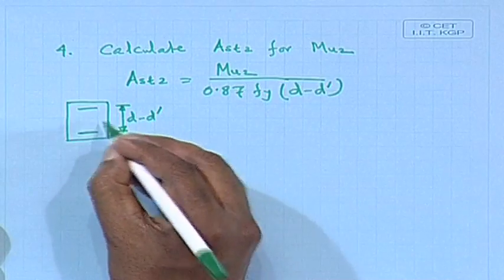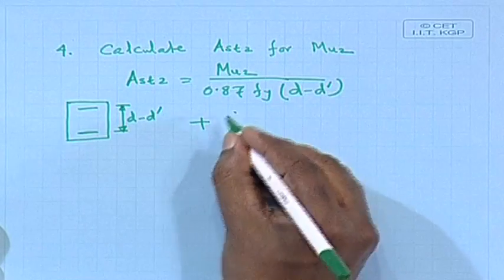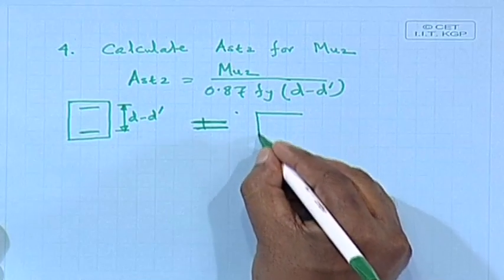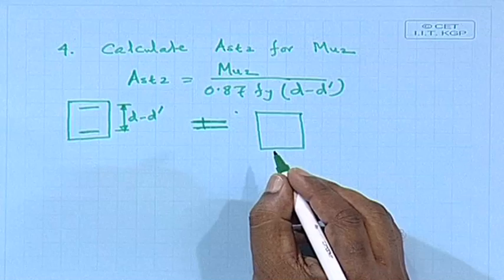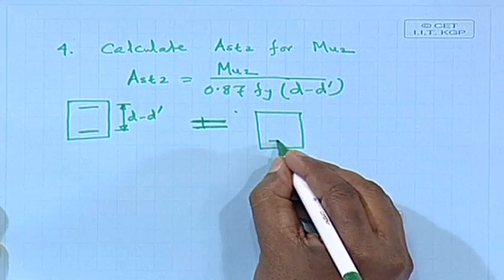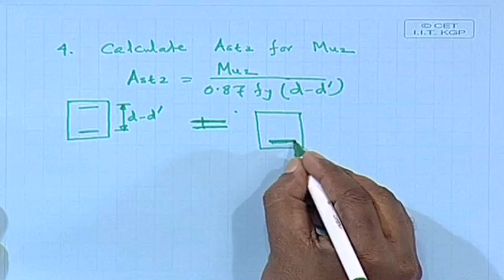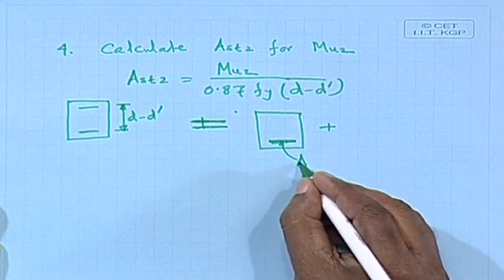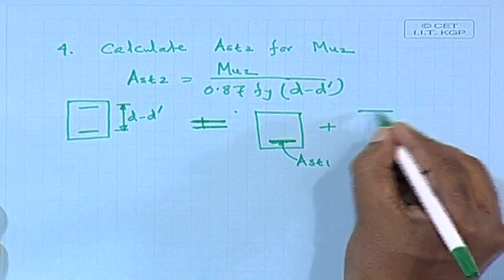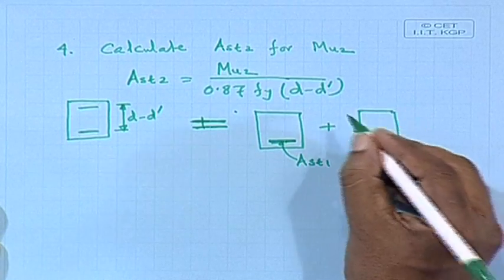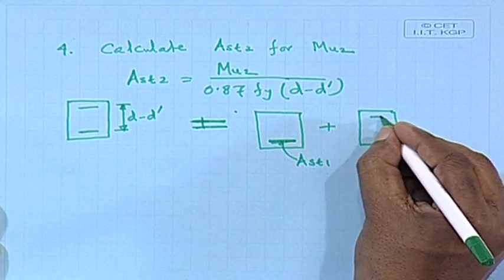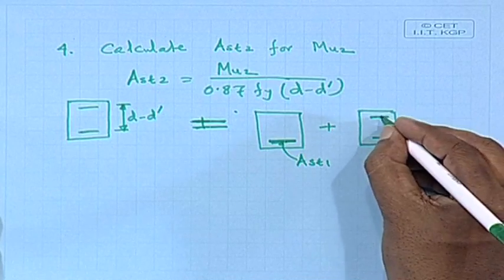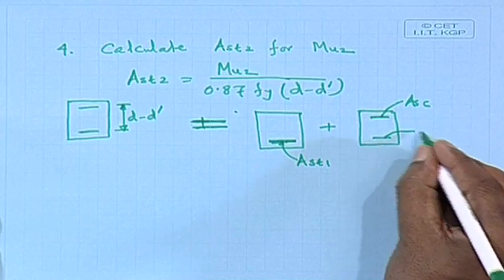This section I can consider as a section of the same width and depth, but having only tensile reinforcement here, let us say AST1, and in this case we are not considering the concrete anymore, we are taking only the steel part, ASC and AST2.